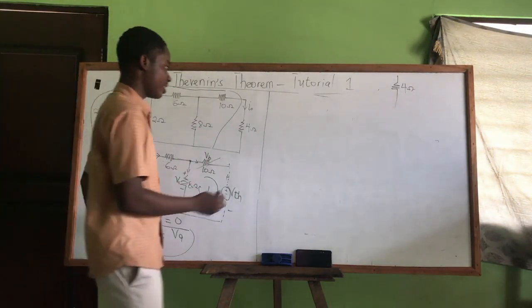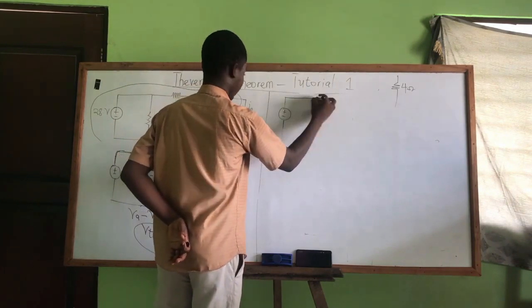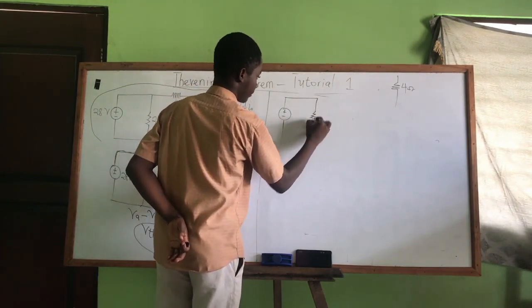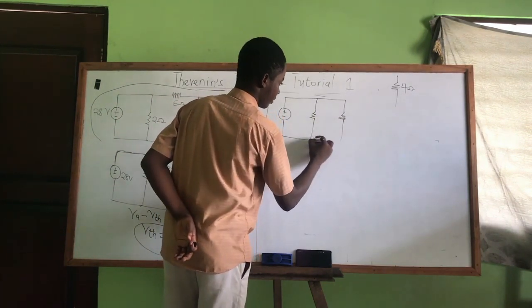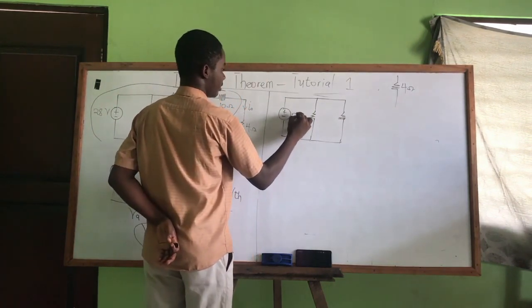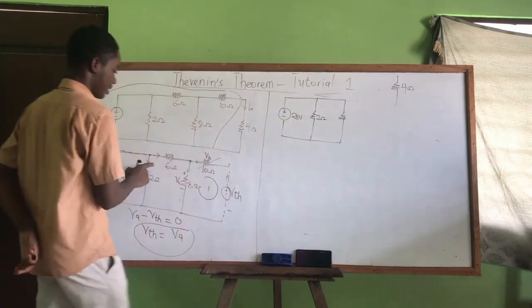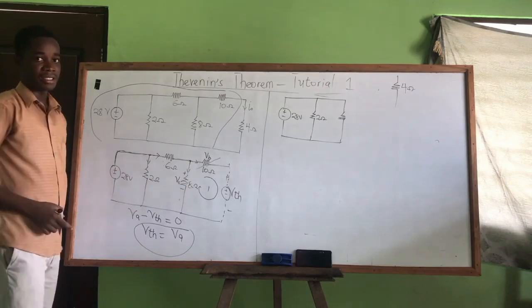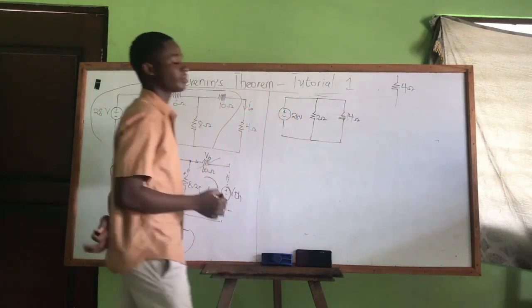From here, I know you would get it very simple because you know your network reduction. So we have this, we have that. So this is my 28 volts, my 2. So my 6 plus 8 in series is giving me what? 14 ohms.